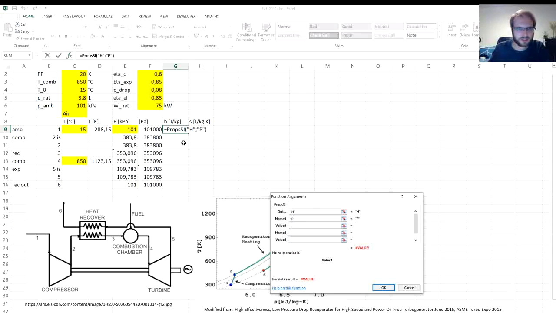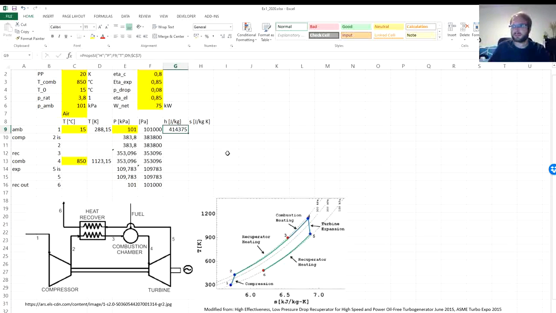So pressure, T as temperature, and we need to specify the working fluid, which is air. I will use this function again, so I will lock the air by F4. So we have the parameters here. We can use the same for point 4, the entry to the turbine.